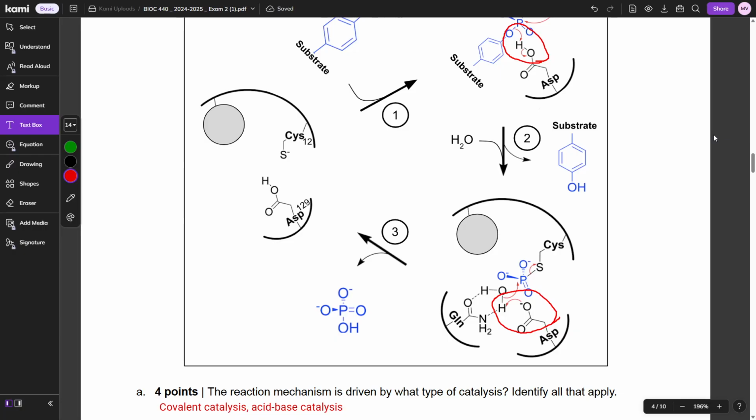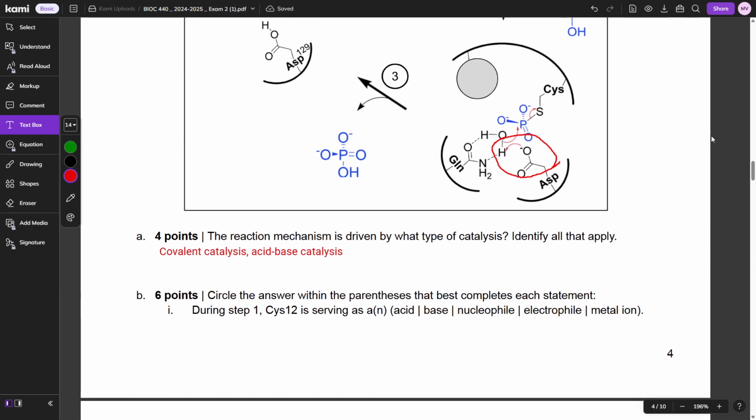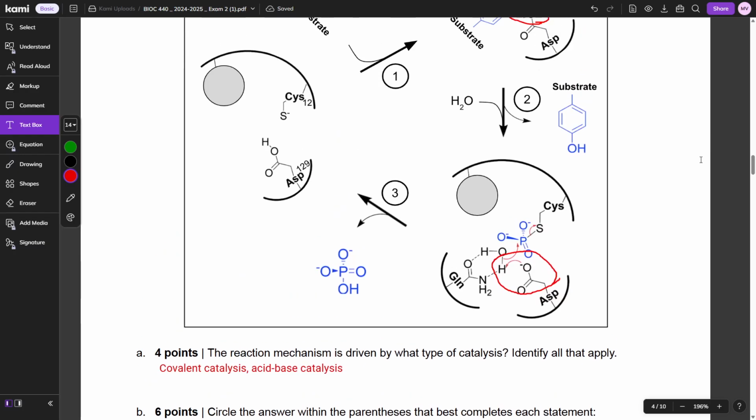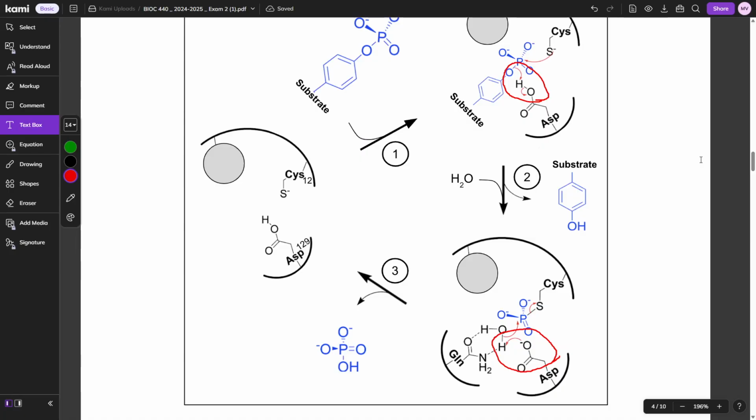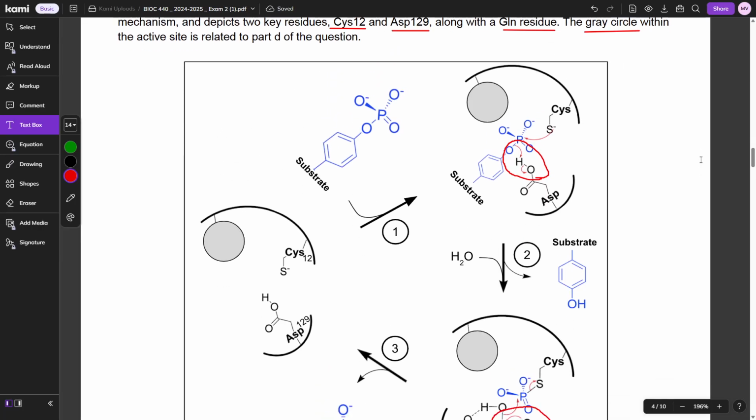You theoretically could say hydrolysis, but that's not exactly an enzyme mechanism in this case. I think usually when they refer to enzyme mechanism, you're looking at covalent catalysis, acid-base, and then I'm trying to think, would they ever make you do water as a thing? I would say no in this case.